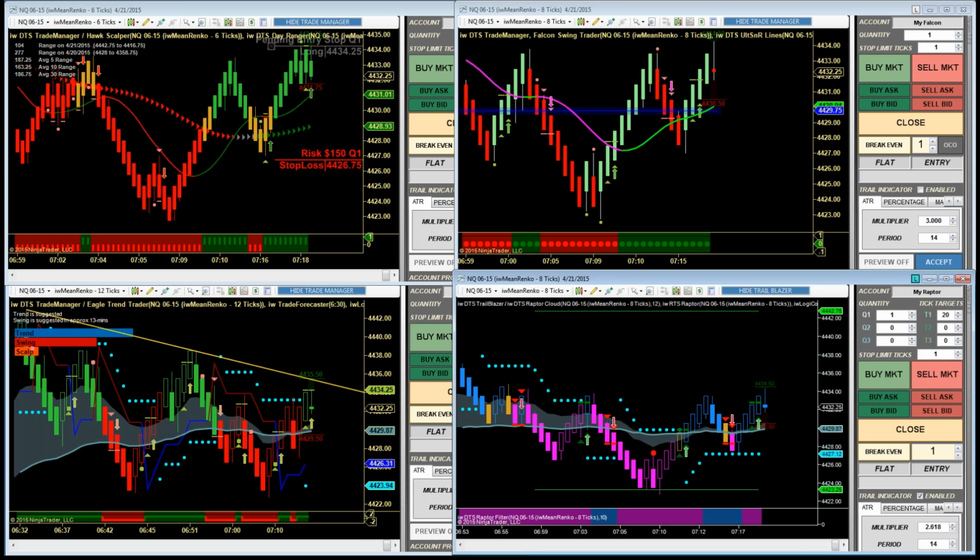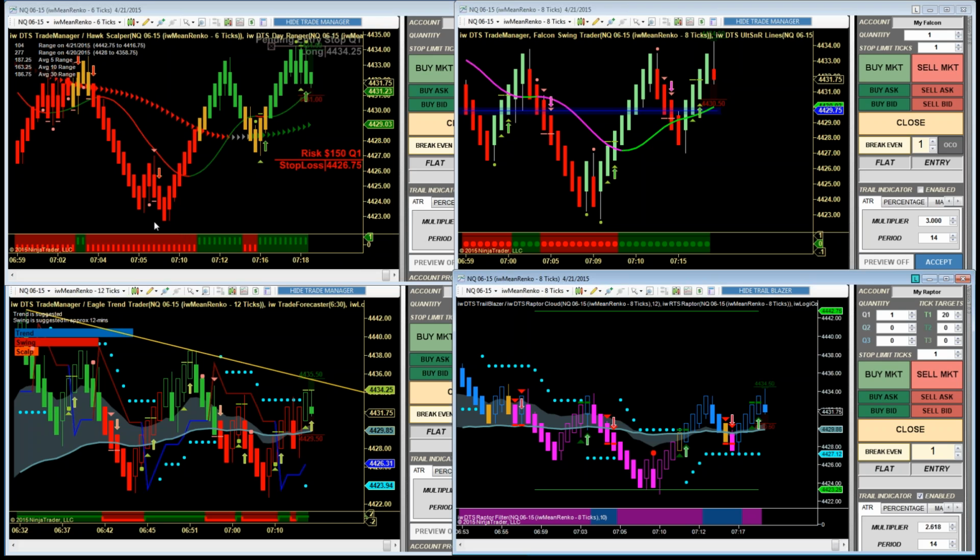You're going to find that those instruments that trade at $12.50 a tick, the default brick size that we normally use is going to be a little bit too restrictive.